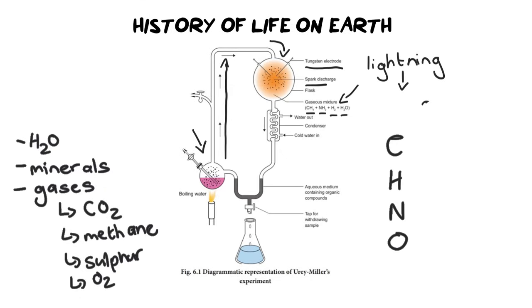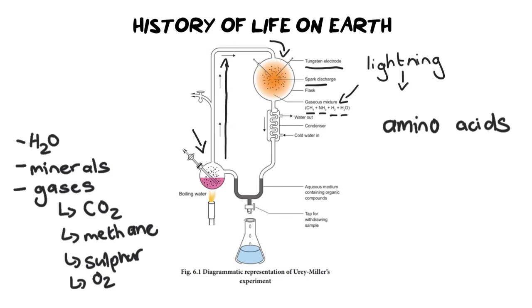Now, these four elements are the building blocks of life: carbon, hydrogen, nitrogen, and oxygen. These four things are what produce all the substances in your body. Most importantly, they produce the building block of life, which is amino acids. Now, this is where the surprising part came.